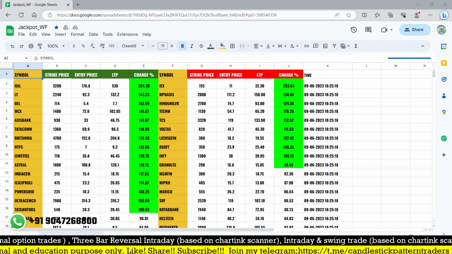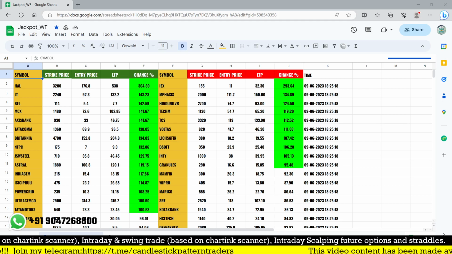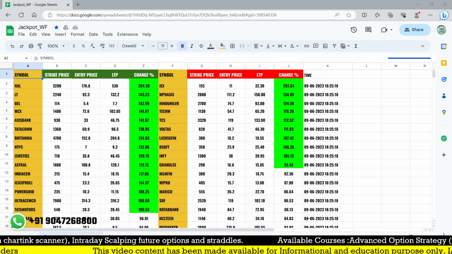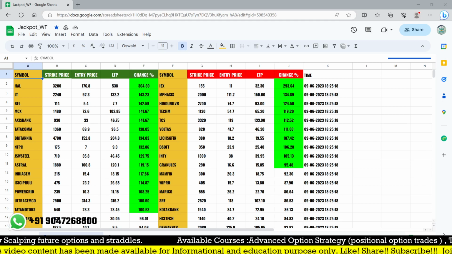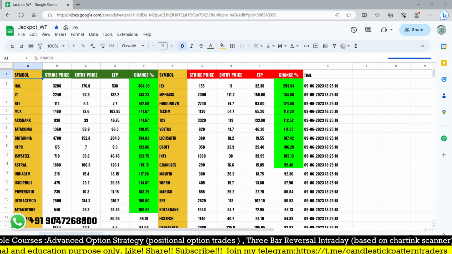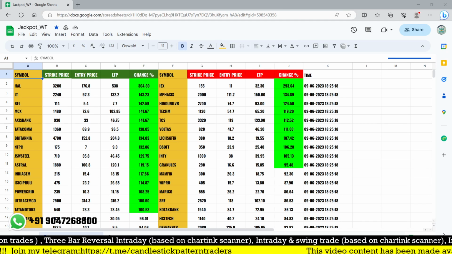In the weekly sheet, I'm focusing on short term opportunities, like short trades with a 2 to 3 day or 4 to 5 day holding. In the monthly sheet, I'm focusing on trades for a monthly position, maybe 1 week, 10 days or even 15 days.